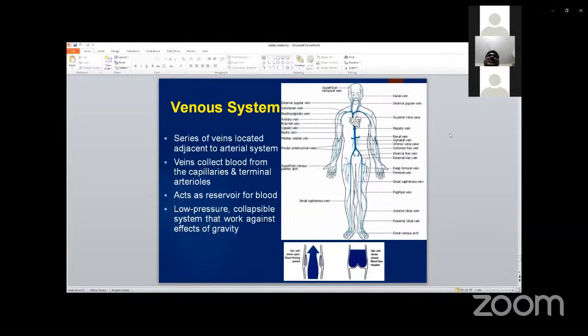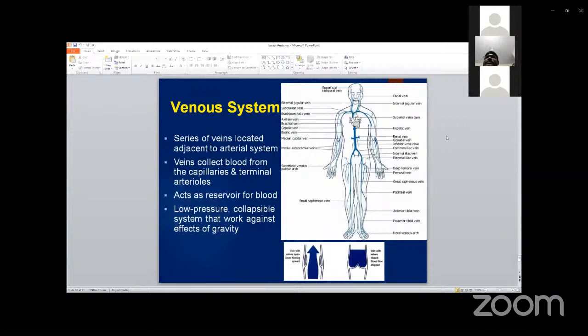This is the last slide, the venous system. A series of veins located adjacent to the arterial system. Veins collect blood from the capillaries and terminal arterioles.